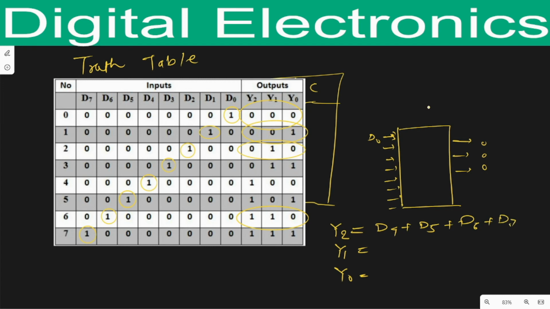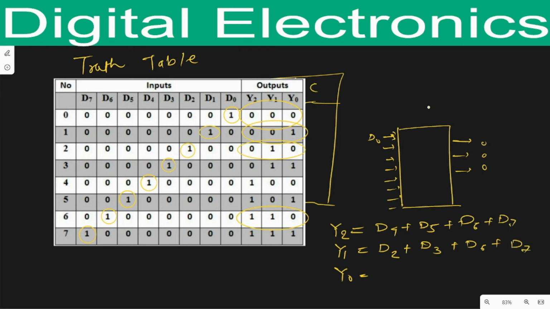Similarly for y1, when we check the column of y1, 4 ones will be there. One appears for D2, the second for D3, the third for D6, and the last for D7.